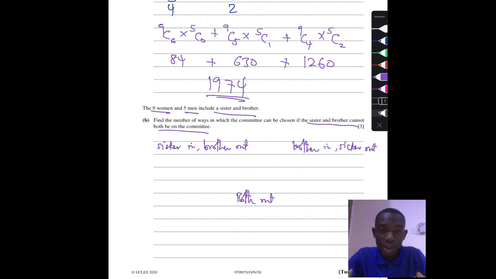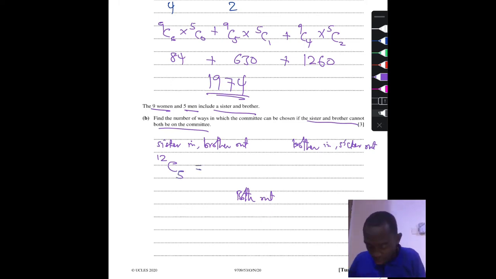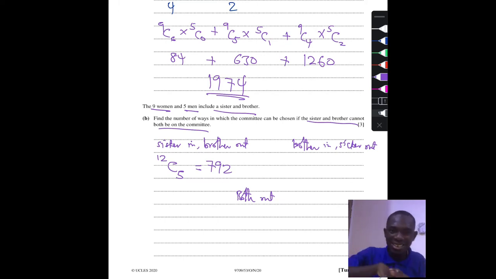That reduces the sample to 12. So we have 12 combination, not 6, because the sister is already there. So we need to select 5 more people to add to the sister. So that's 12 combination 5. And 12 combination 5 will give us 792. Now the same thinking is true when the brother is in and the sister is not.